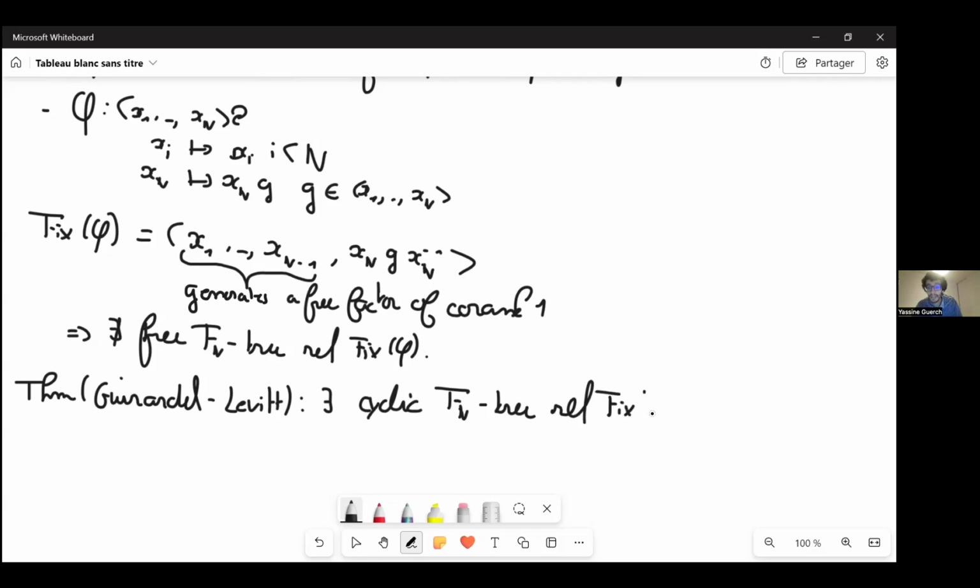And in fact, it is completely canonical because it is automatically preserved by not only the centralizer of phi, but also the stabilizer of the group fixed phi, the stabilizer in Out(Fn).